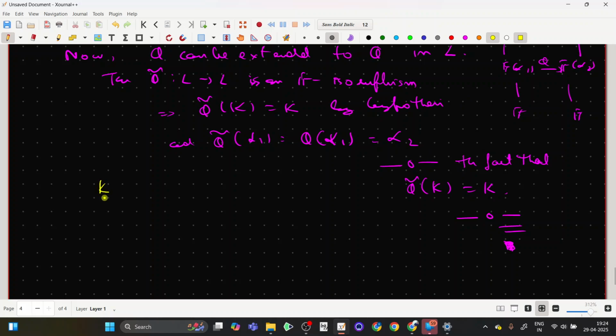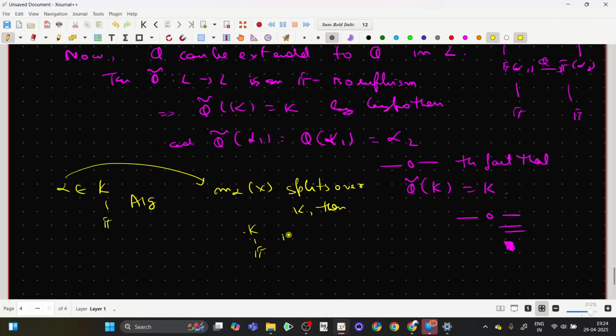So given K over F, an algebraic extension, and I choose an element alpha from K. If the minimal polynomial of alpha splits over K, then what we can conclude is that K over F is normal. Is it clear? Okay, fine.